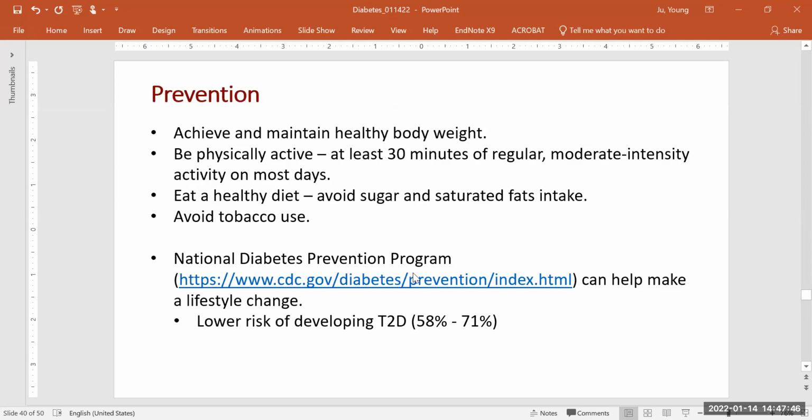As you saw, there are many treatment options available. However, prevention is the best way to reduce the burden of diabetes. Simple lifestyle changes have been shown to be effective in preventing or delaying the onset of type 2 diabetes and its complications.